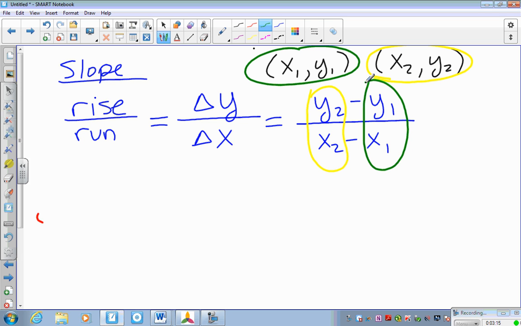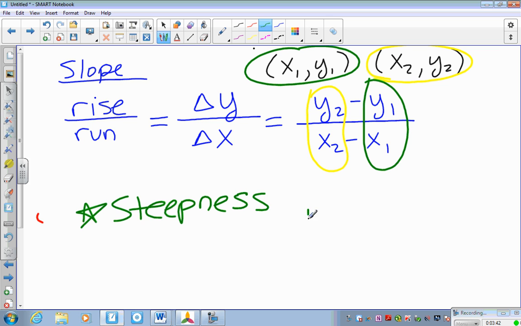So slope is really steepness. So the steeper your line, the bigger the number for slope. Another thing that you guys noticed is, if my slope goes to 0, hopefully you understood that that made a horizontal line.